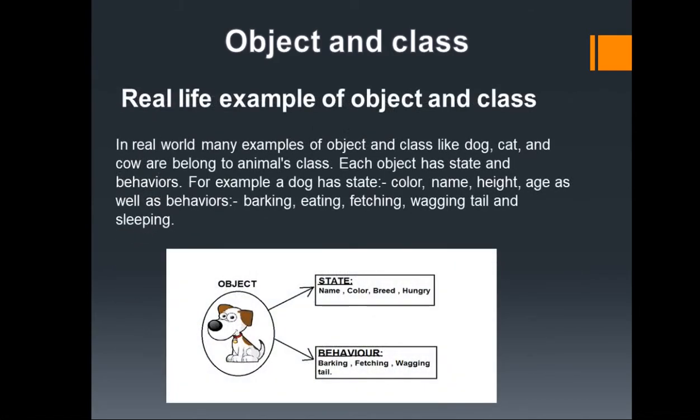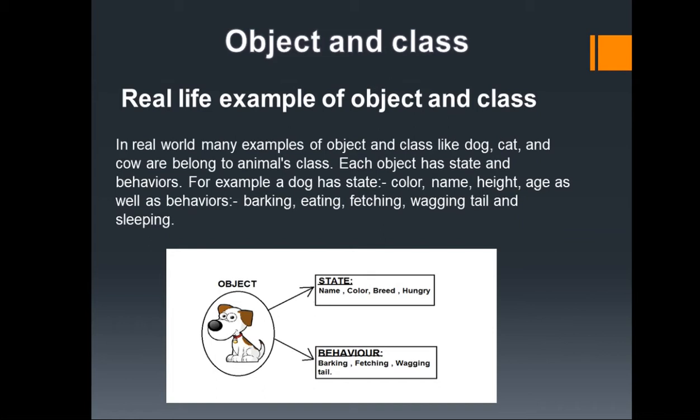Now we have to discuss some real life examples of object and classes. In the real world, there are many examples of objects and classes, like dog, cat, and cow, which belong to the animal class. Each object has state and behavior. For example, a dog has state: color, name, height, age, as well as behavior: barking, eating, fetching, wagging tail, and sleeping.